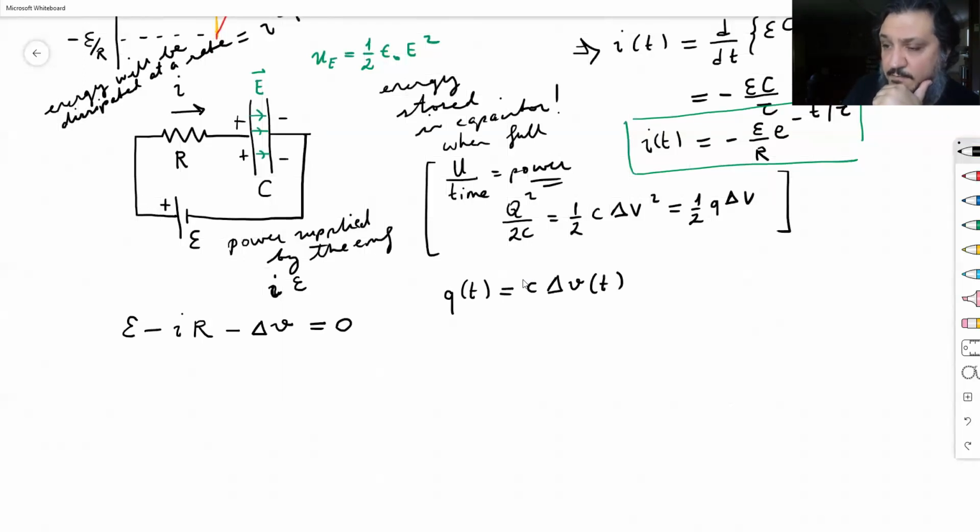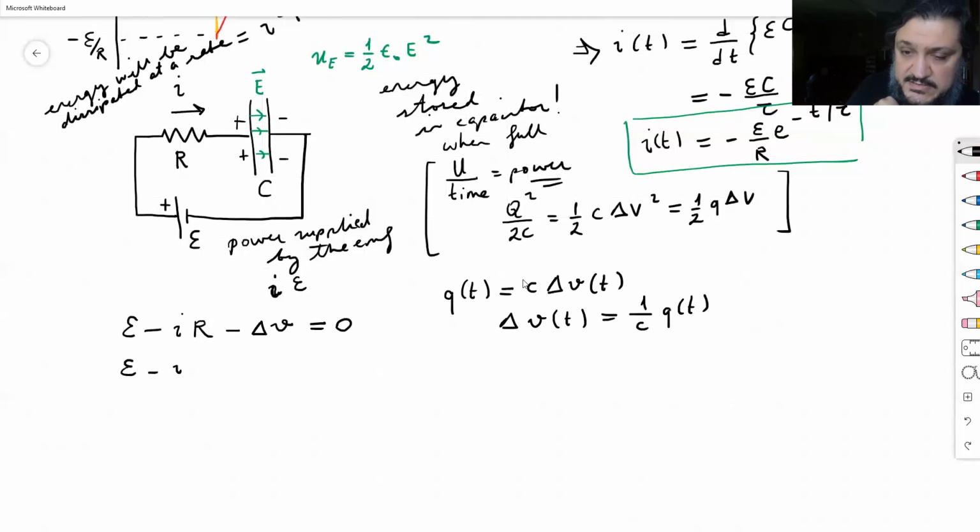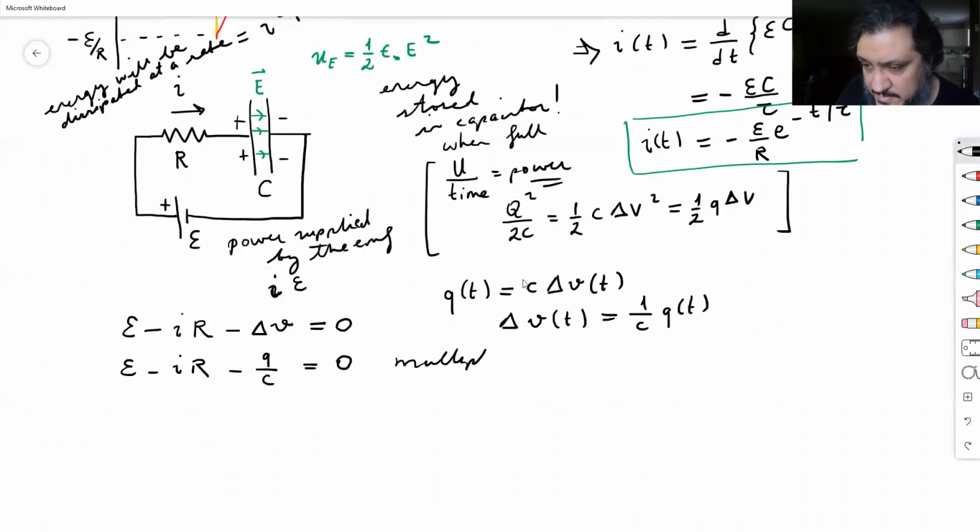If I solve for delta V, I get Q over C. So E minus IR minus Q over C equals zero. Now multiply this by I. Multiply both sides by the current.